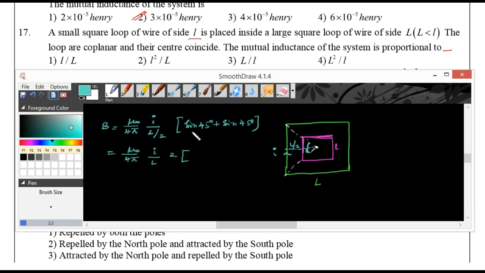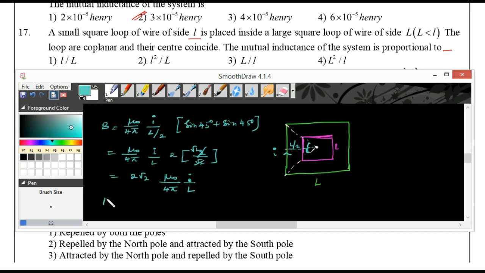2 into 2 by root 2 is root 2 root 2. So this is 2 root 2 mu naught by 4 pi I by L. Now we have four sides, one, two, three, four sides.